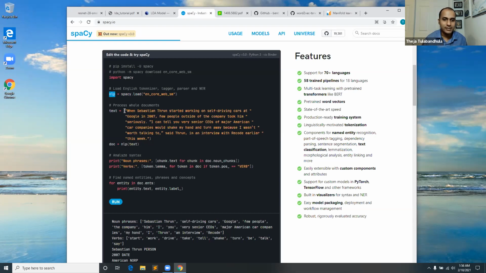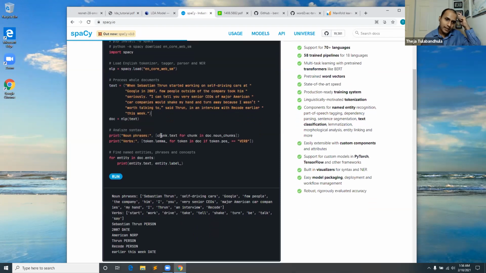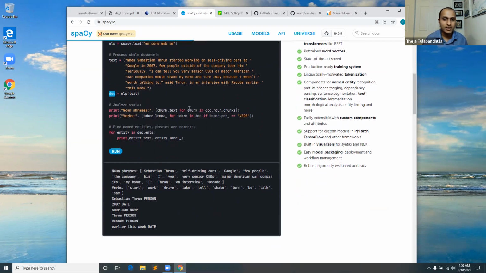Then the raw text is a bunch of sentences like this. When you apply these pre-processing steps and also some models on the text, you get an object called doc, and then you can say, in this doc, get me all the nouns and print them out.